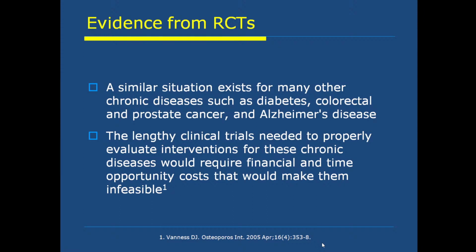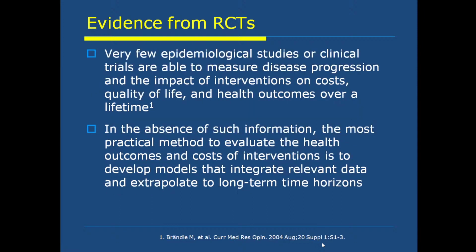The lengthy clinical trials needed to properly evaluate interventions for these chronic diseases would require financial and time opportunity costs that would make them infeasible. Very few epidemiological studies or clinical trials are able to measure disease progression and the impact of interventions on costs, quality of life, and health outcomes over a lifetime.